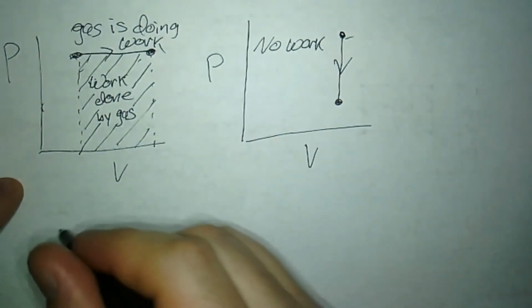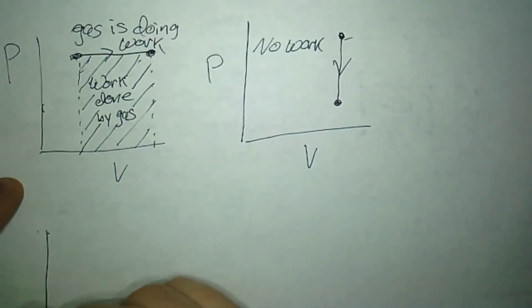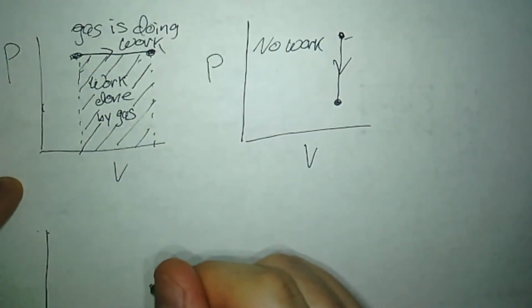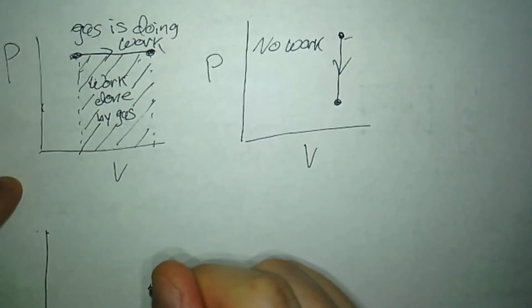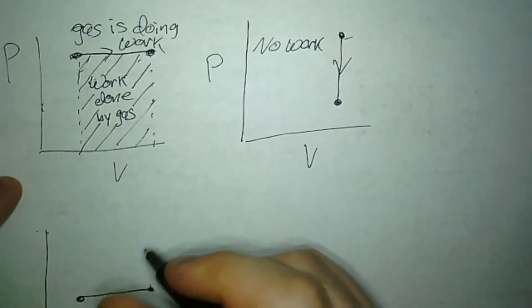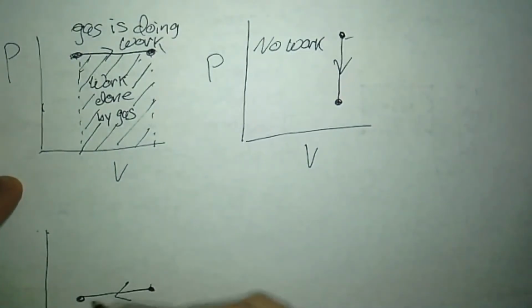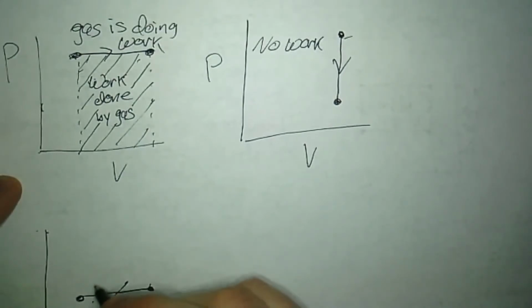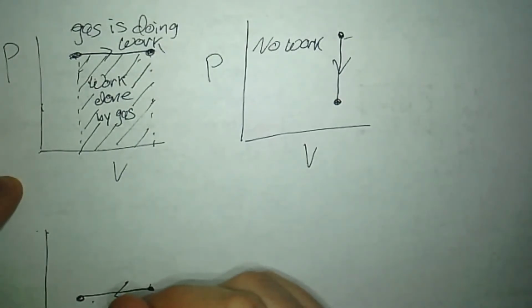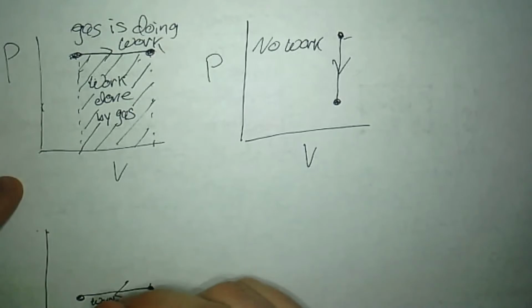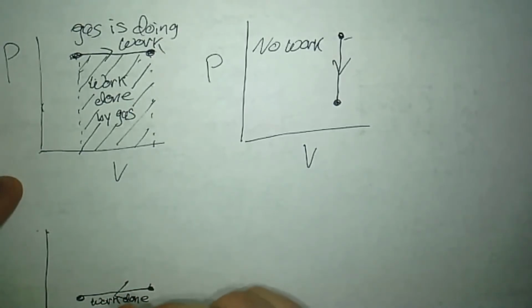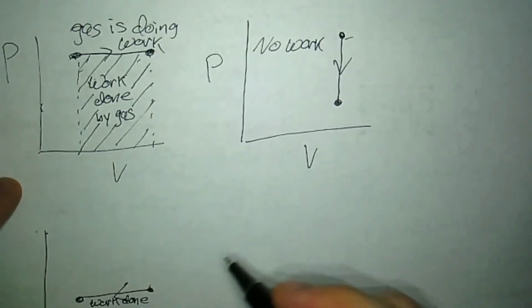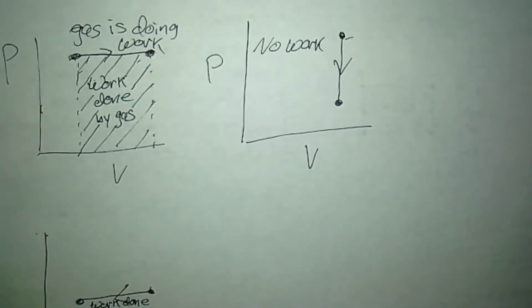Okay, let's do another one. On the same process, if we're going back the other way, because we're doing that full square process, the work is done on the gas here, right? Because you're contracting, that means you are adding energy.